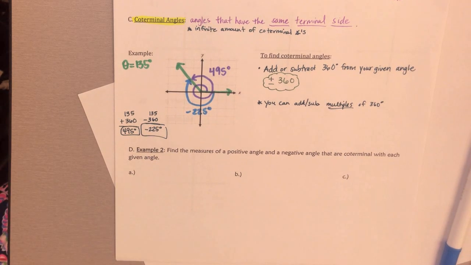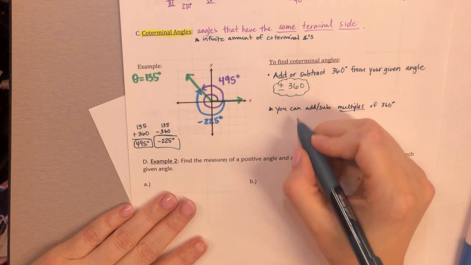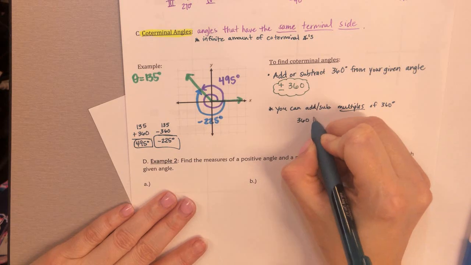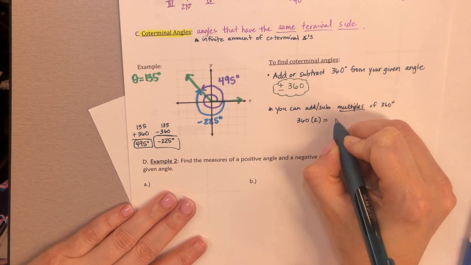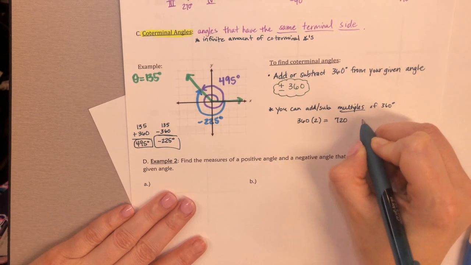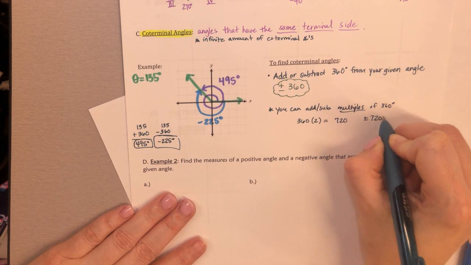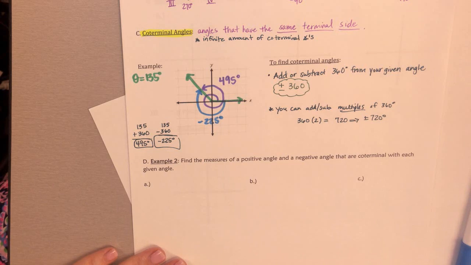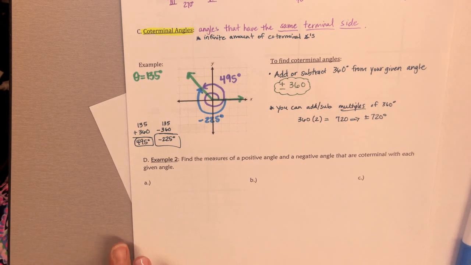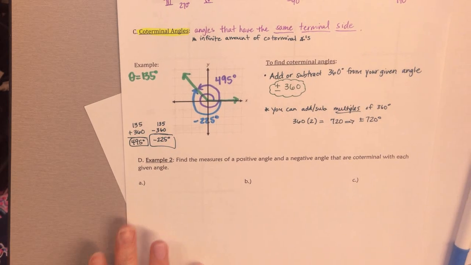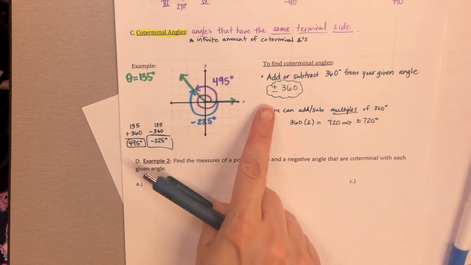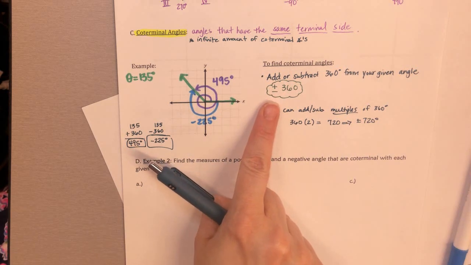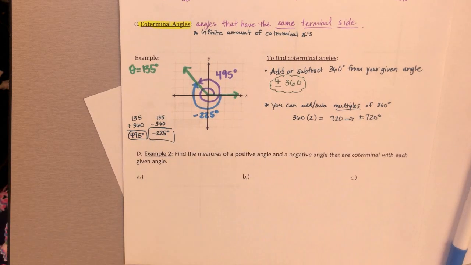You could do plus 360, or what's 360 times 2? 720. So you could also just add or subtract 720 to find coterminal angles. You could do that as well. Really you guys will probably just add 360 twice, with what they're asking you to do here.